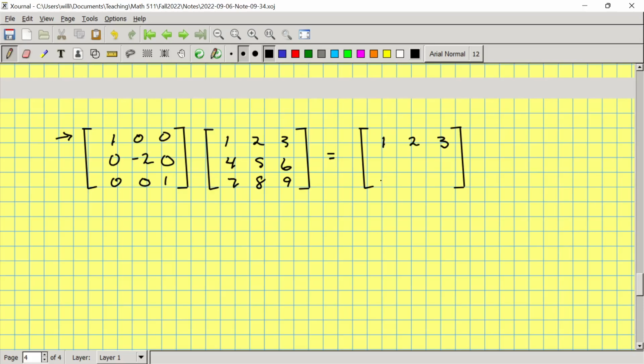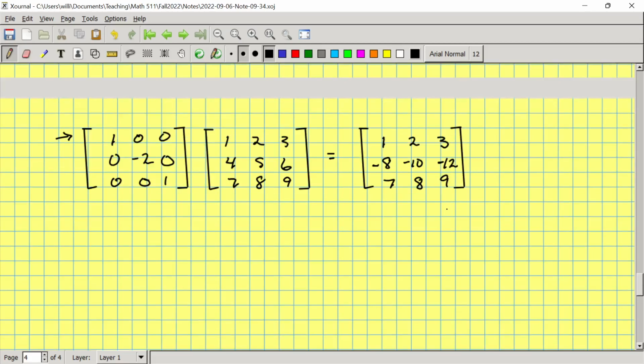The second row of our product says none of the first or third row, but minus 2 times the second row. And the third row of our product is none of the first or second row, but just the third row. Okay? So you see, when we came up with our row operations, now it's just as easy to write it as an elementary matrix. Okay, and what about a type 3 elementary matrix?